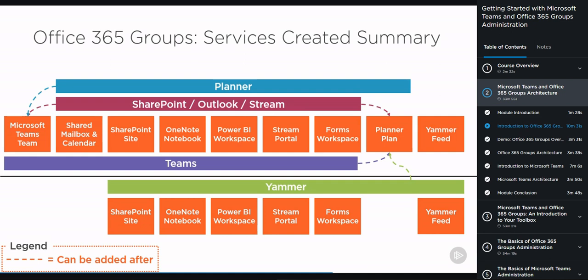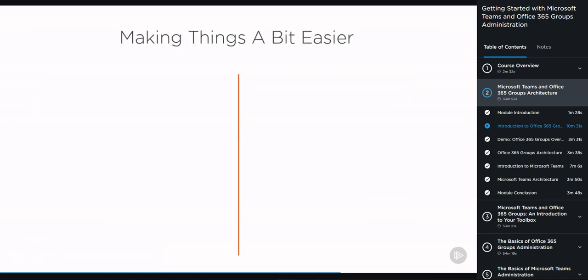To make things a little bit easier, Microsoft has actually done some light renaming announcements in early 2020, not really from a technical point of view because they're both Office 365 groups. However, when you talk to users or even to technical people, when we talk about creating an Office 365 group, we're talking about groups created from SharePoint, Planner, Outlook, Stream, or Teams.